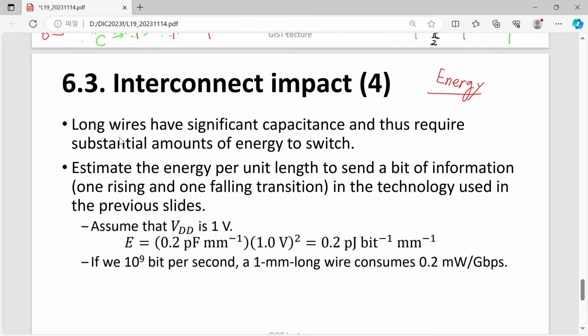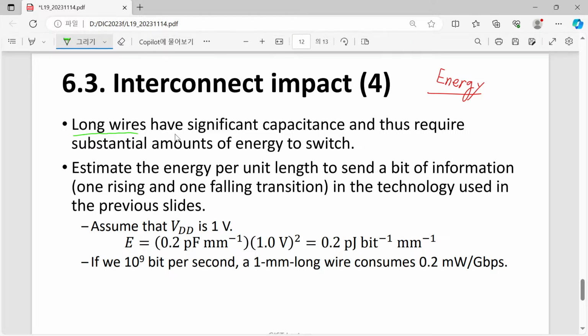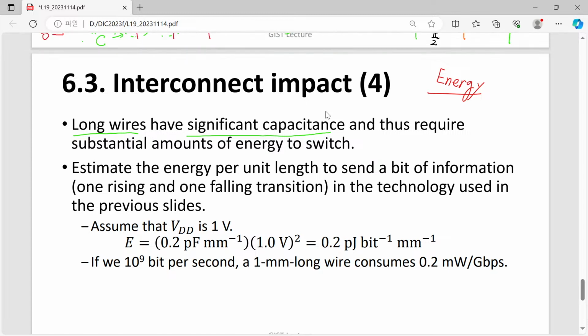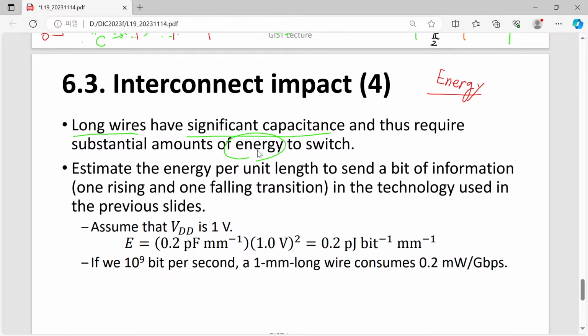So now it is obvious from this slide: long wires have significant capacitance. So in order to charge and discharge these capacitances, we must spend energy. So now let's have a look.